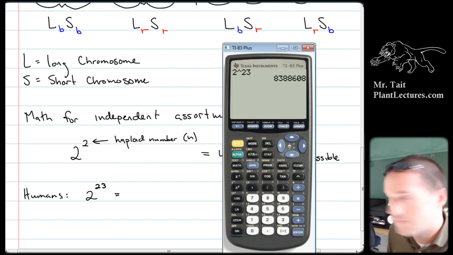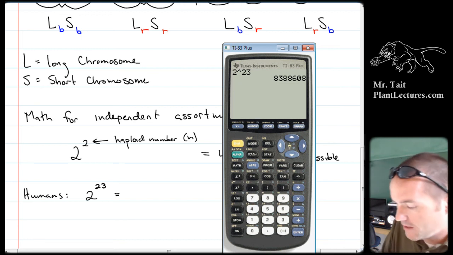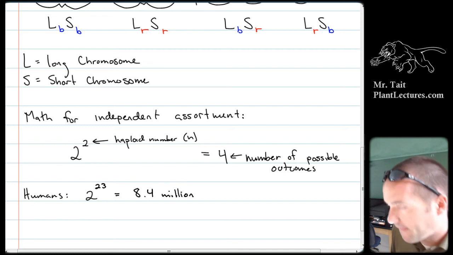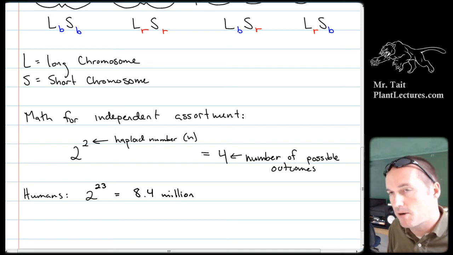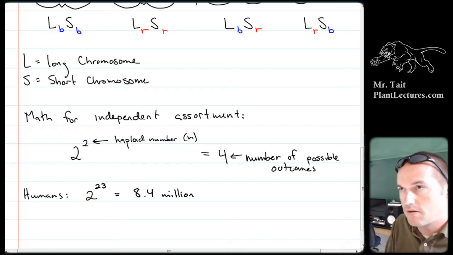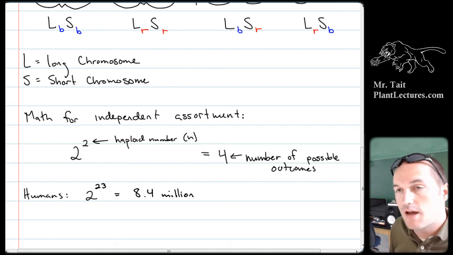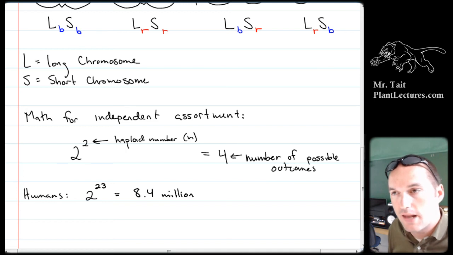2 to the 23rd is 8.4 million, approximately, right? Okay, that means for every unique person, their gametes, their sex cells, have 8.4 million different combinations of chromosomes that they could have just based on the law of independent assortment.